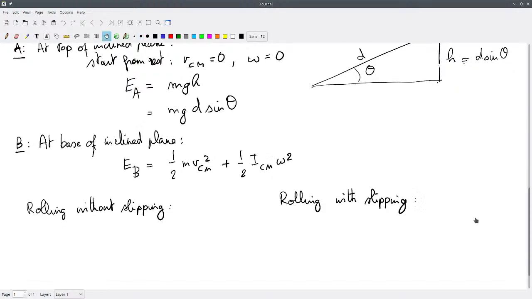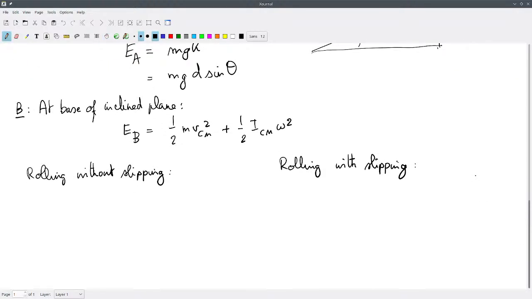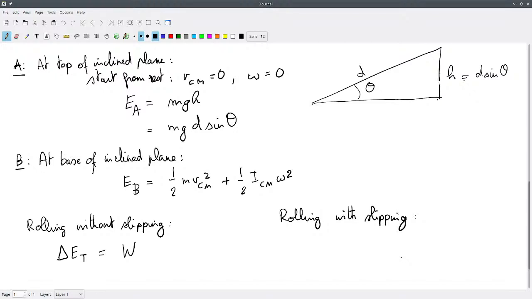What we're going to do is say that the change in total energy has to be equal to the work done by external forces on this object, and this is the work done by dissipative forces, since we already include through the potential energy the work done by the gravitational force.